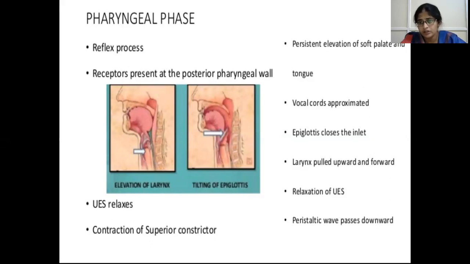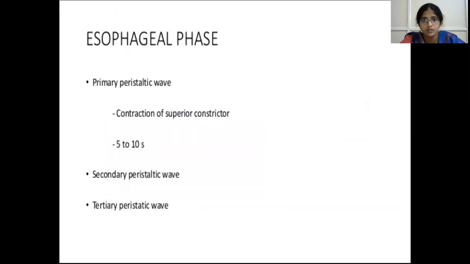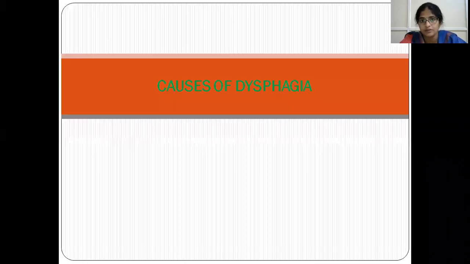The secondary and tertiary peristaltic waves are controlled by the submucosal and myenteric plexuses, which involve sympathetic and parasympathetic nerves. So the esophageal phase includes primary, secondary, and tertiary peristaltic waves.